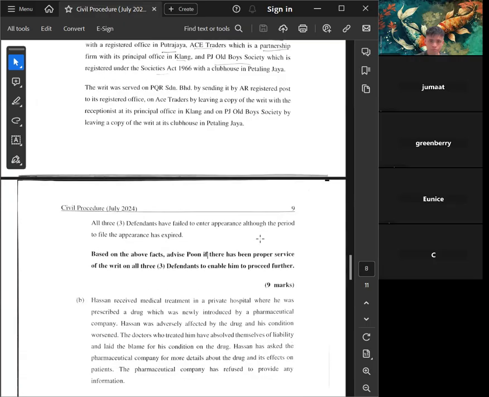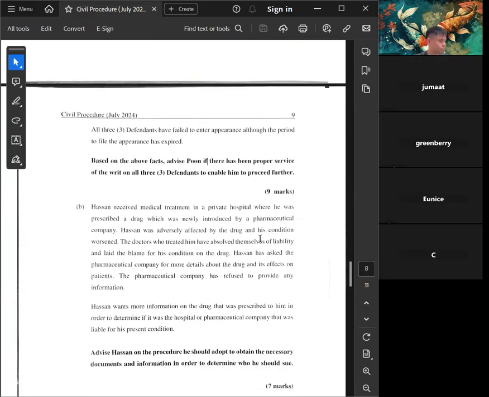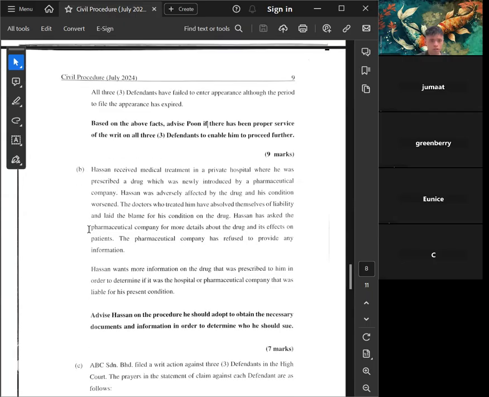Is that okay? Okay, now we move to, is AR registered post safer than registered post? Technically, you are correct. Because AR registered post, as I said, has an acknowledgement card. So this is how AR registered post works.